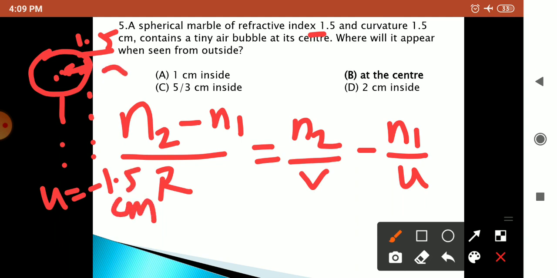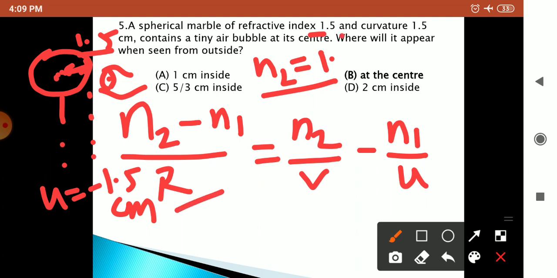When the observer observes from outside, from the rarer medium, they can observe the air bubble at the same distance. So n2, the refractive index of the other medium, is equal to 1, where the object is present in the rarer medium. n1 is 1.5, r, the radius of curvature, is 1.5, and u is minus 1.5.